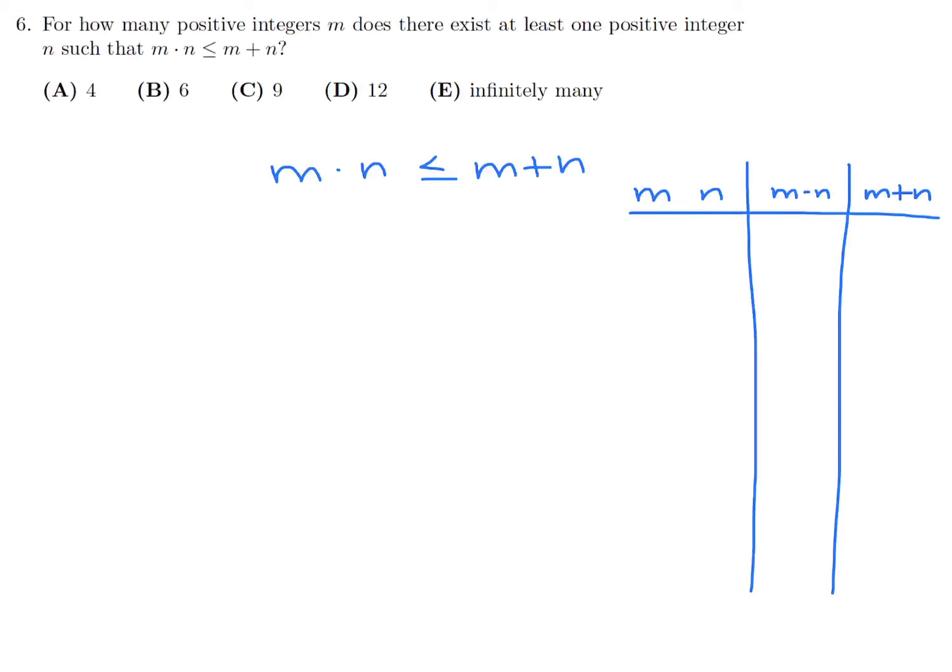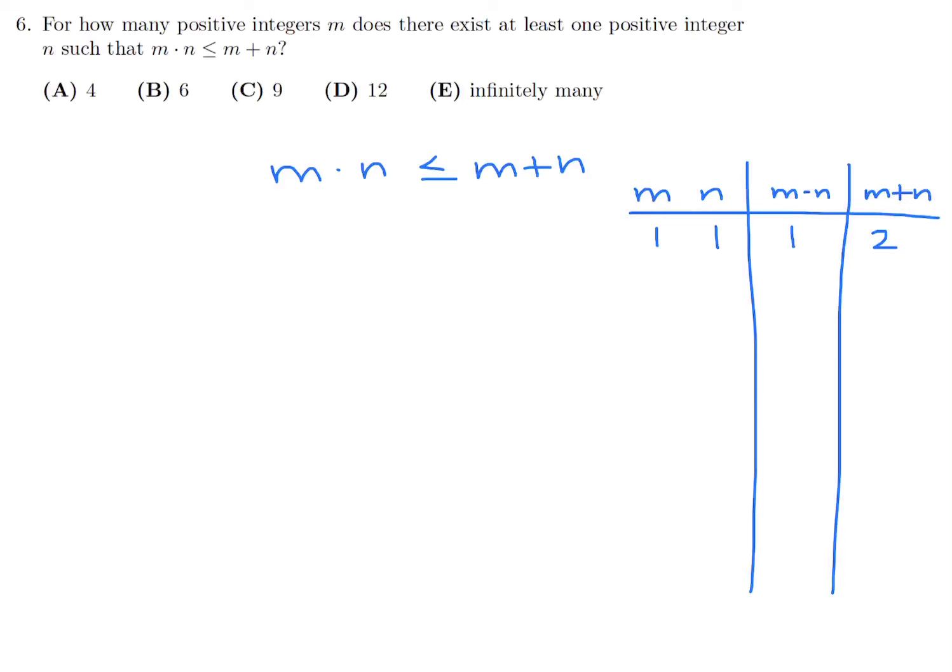All right? So let's see what we get. Let's start with 1 and 1. That means that m times n is 1, m plus n is 2. Does that fulfill our inequality? And the answer is yes. m times n is less than m plus n.